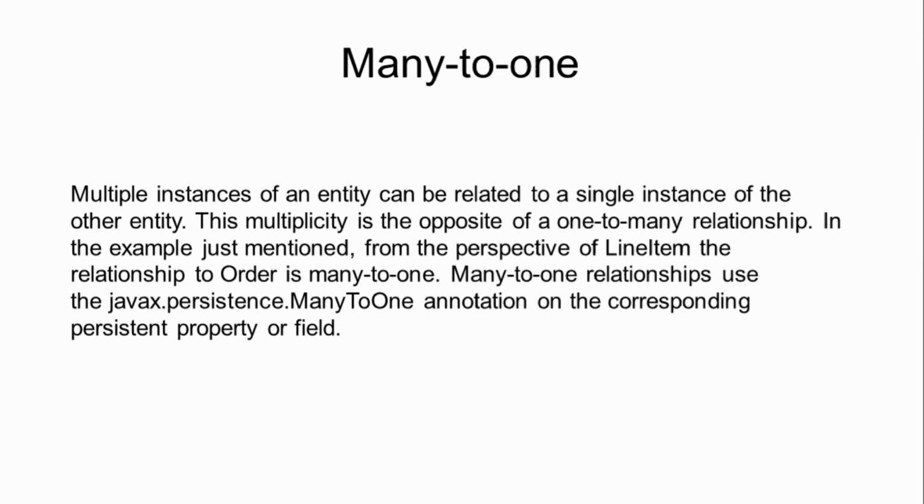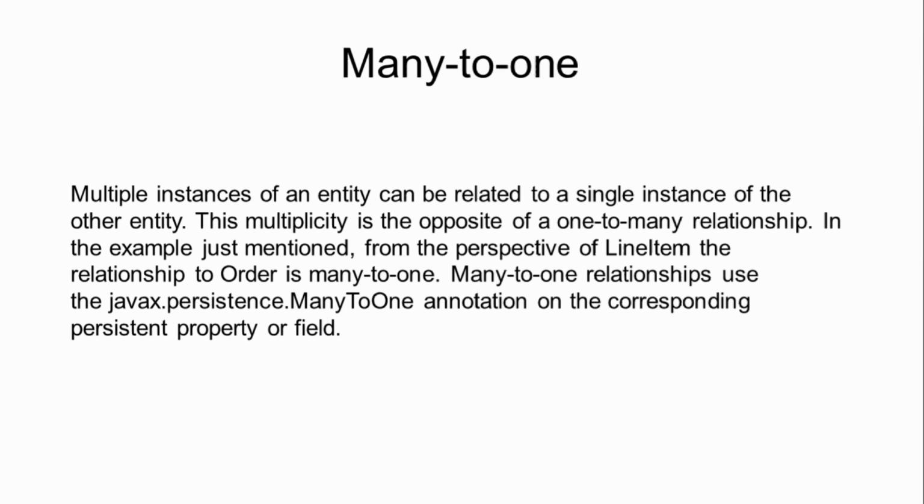Going on next, many to one. Many to one relationship: multiple instances of an entity can be related to a single instance of the other entity. This multiplicity is the opposite of a one-to-many relationship.